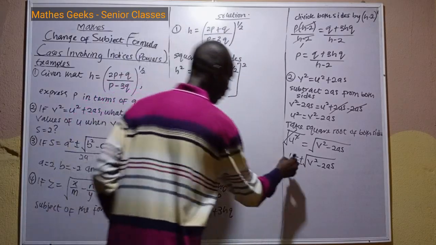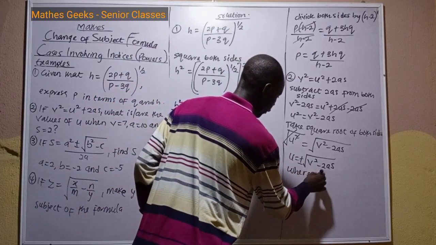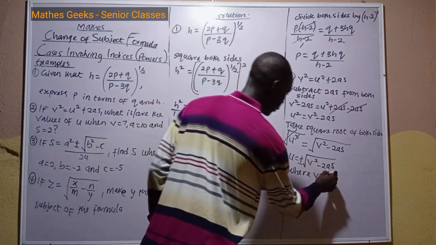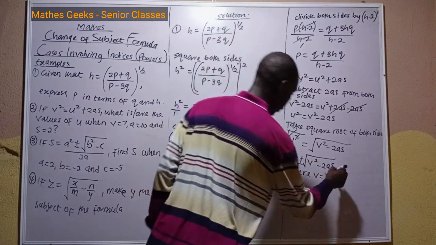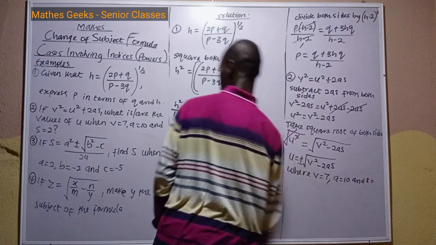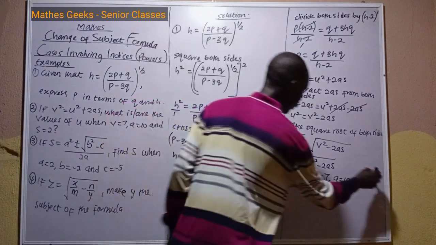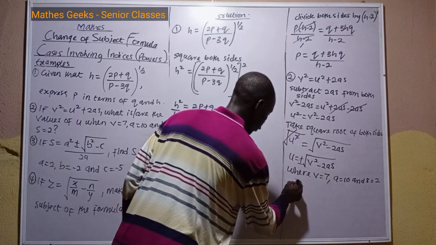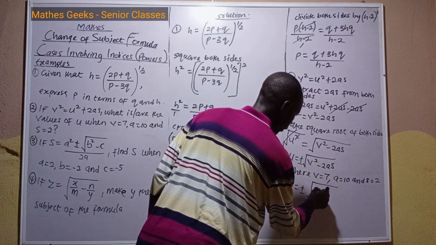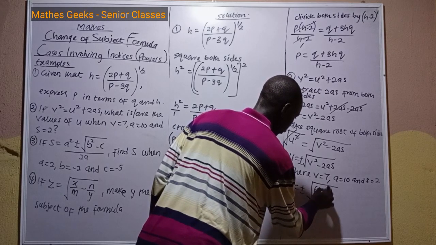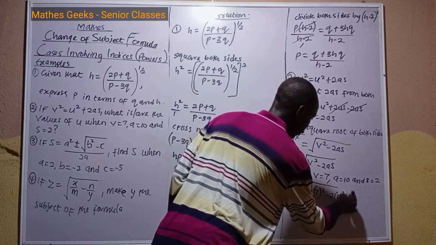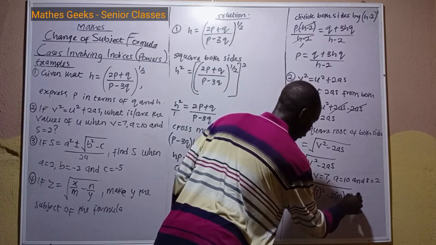So we're going to say where v is equal to 7, a is 10, and s is 2. So u is equal to plus or minus the square root of 7 squared minus 2 times 10 times 2.